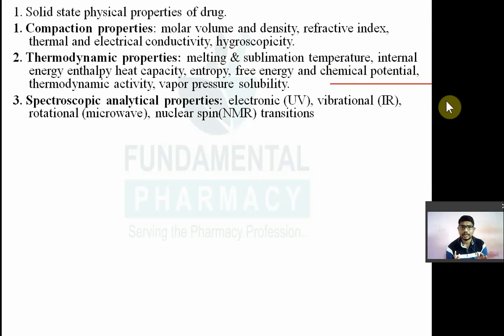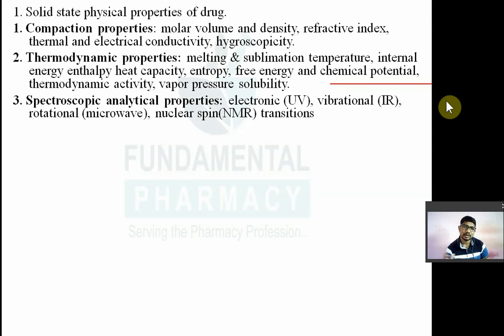So you have to deal with these solid state physical properties: compaction properties, so molecular volume, density, refractive index, then thermal and electrical conductivity, hygroscopicity of that material. Thermodynamic properties like melting point, sublimation, melting temperature, heat capacity, enthalpy, entropy, free energy, chemical potential, thermodynamic activity, vapor pressure, and solubility.